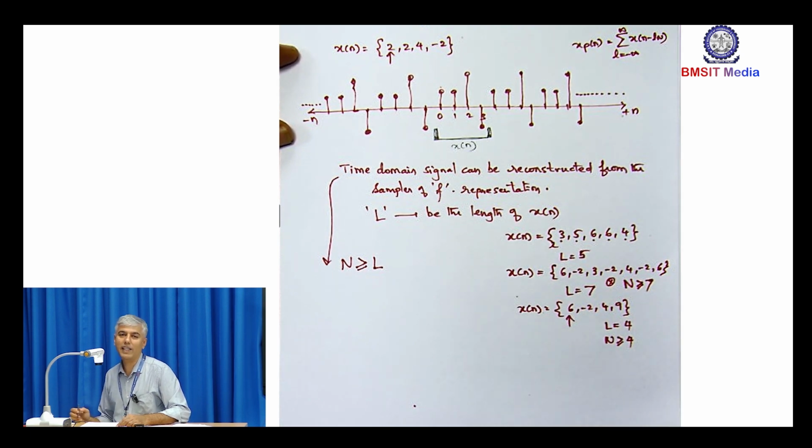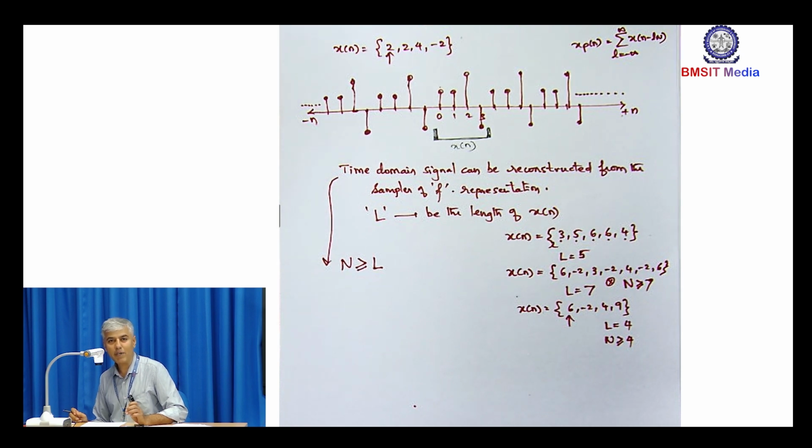So what are the valid values of N? The number of samples N can be, for example, 7, it starts from 7, it can be 8, it can be 9, it can be 25, it can be 30, 40, 50, 60, 100, 200 or even 1000 also.